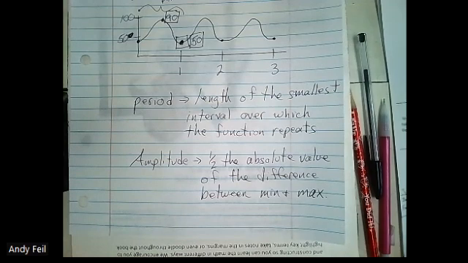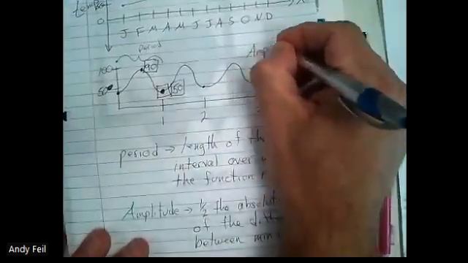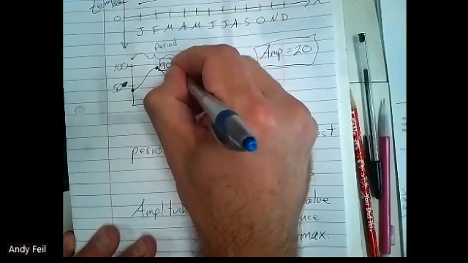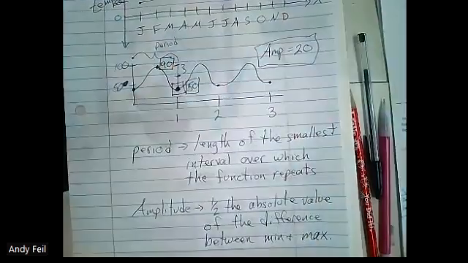What's half of that? 20. So this one would have an amplitude of 20. If from the top to the bottom is 40, then the amplitude is just half of that distance. That's the amplitude.